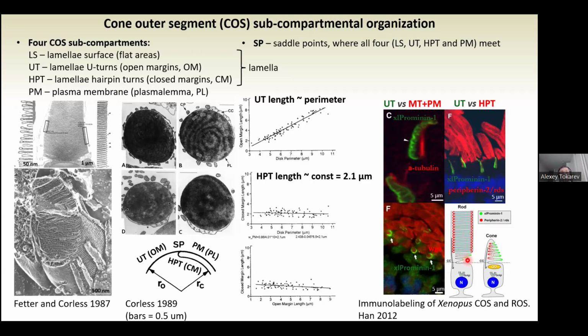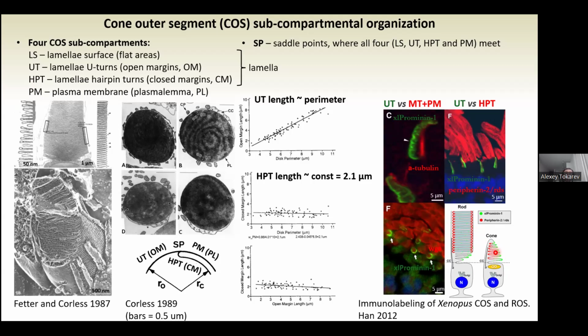So we know both the geometry and molecular organization of these subcompartments, and we also know that in hairpin turns there is very low concentration of rhodopsin, actually about 0, and in U-turn there is also low but non-zero concentration of rhodopsin.